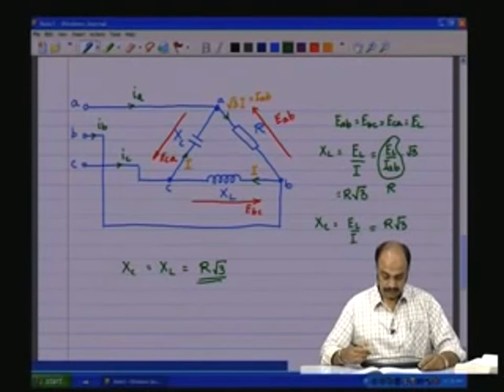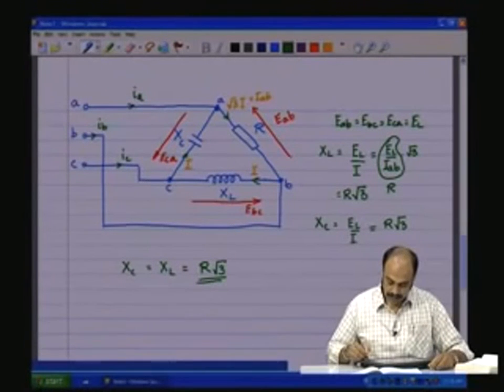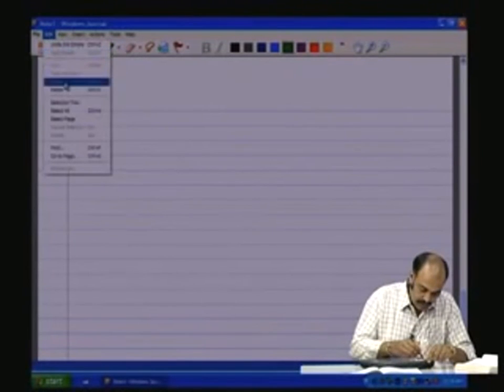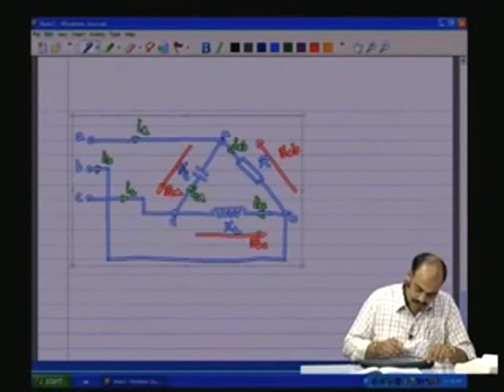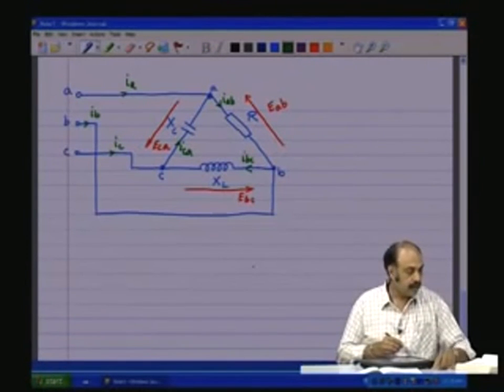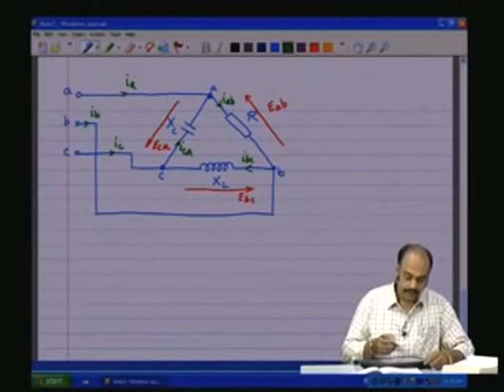Is that clear? Probably we could consolidate it with some numerical values now. Let me take a simple, very quick numerical presentation so that you get the feel for it. So, let me take a textbook example.